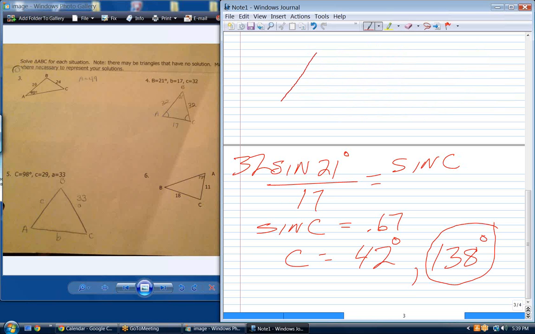I'm going to draw the same triangle, only this time I'm going to label it slightly different. The angle we know is 21. I'm going to call that B. We know that's 17. We know that's 32. I'm going to call this C, and I'm going to call that A.